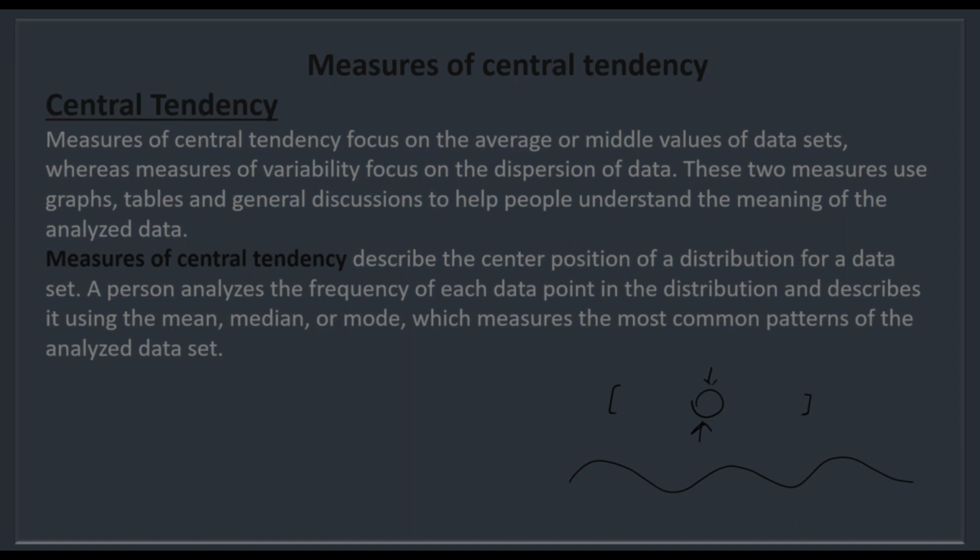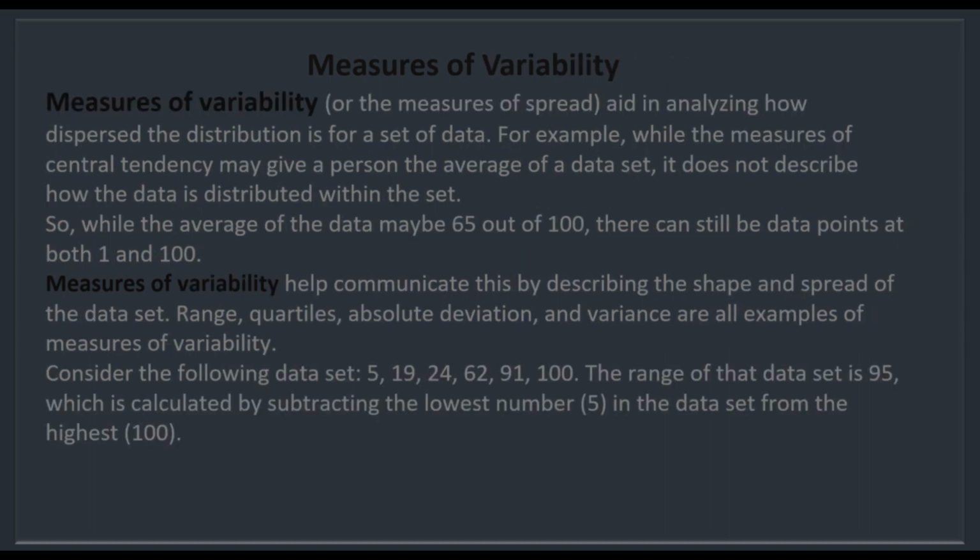When we are going through data analysis, we always begin with descriptive statistics. The measures of central tendency describe the central position of a distribution for a data set. A person analyzes the frequency of each data point in the distribution and describes it using mean, median, mode, etc., which measure the most common pattern of the analyzed data set. For calculating measures of central tendency, we calculate mean, median, mode, percentile and quartile.